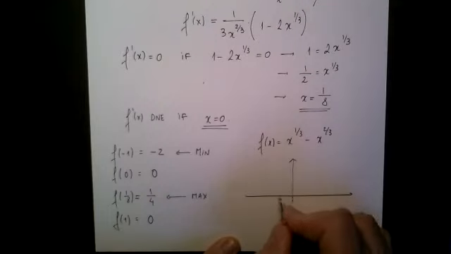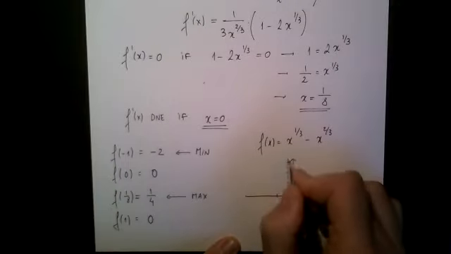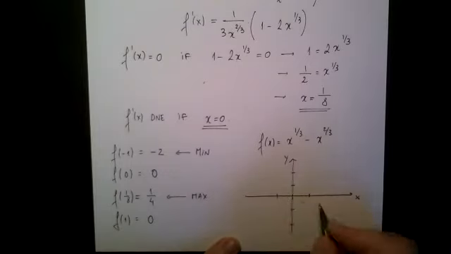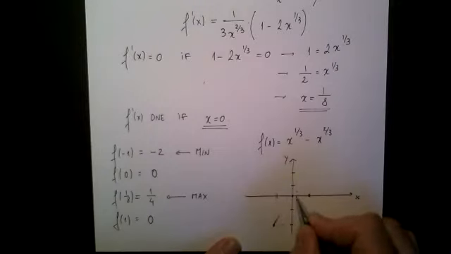So more or less, if I'm to give you what the function should look like, at 0, it's 0. At 1, it's 0. Then at -1, it's -2. And at 1/8, it's 1/4.